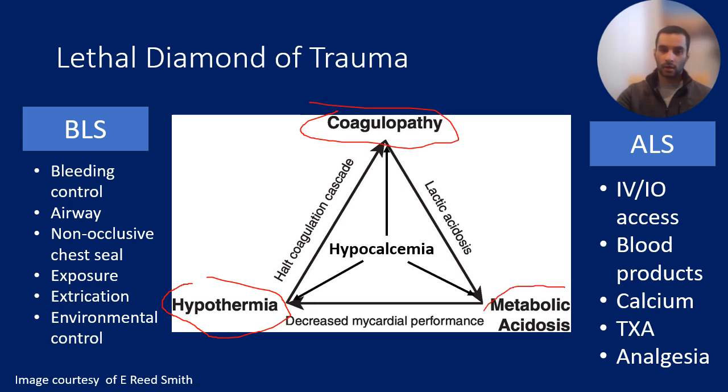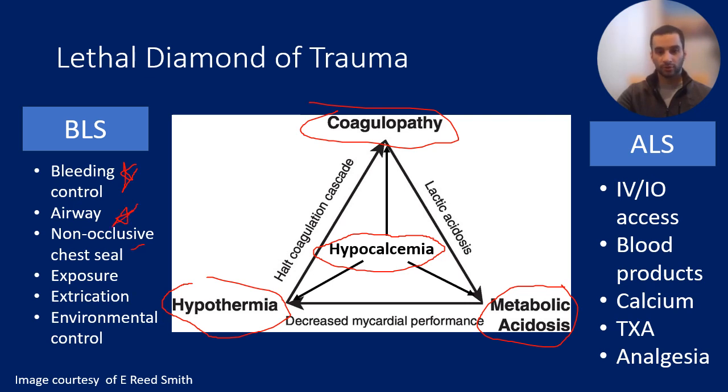Now, more recently, I think people are recognizing that hypocalcemia is the fourth parameter to make this a diamond or tetrahedron. That's really important that you need to correct if you're going to stop someone from dying from trauma. And in this paradigm, I've shown here on each side what BLS and ALS can contribute to the situation. And by far and away, the most important thing you can do as BLS is control the bleeding. You can also use BLS airway adjuncts.